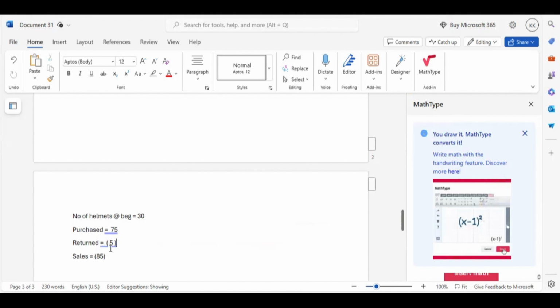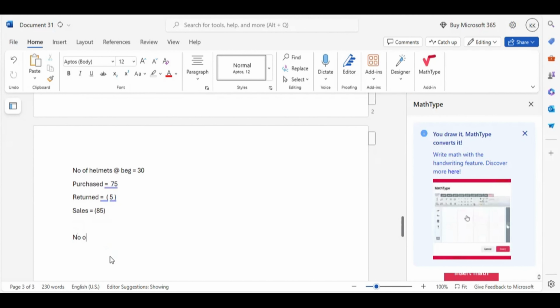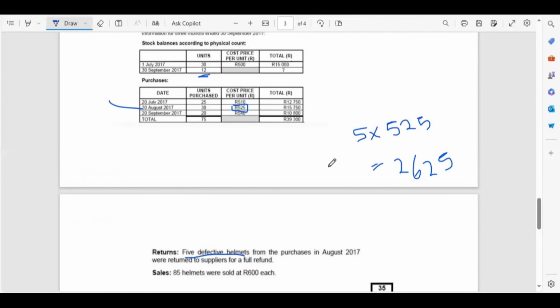So at the end of the year, I expect to have what? Number of helmets. I expect to have what? 15 helmets, right? Now, but here on my information, they said what? They said that at the end of the year, which is the 30th of September 2017, I had 12 units of helmets, right? Meaning that what?